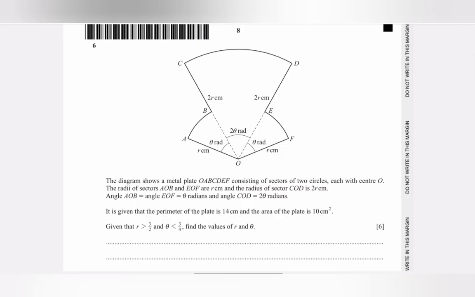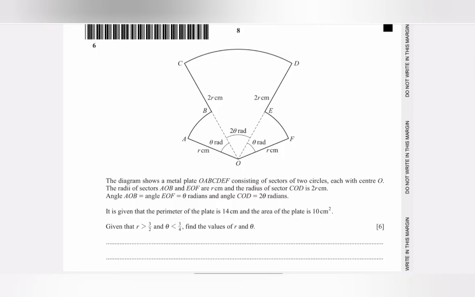Angle AOB is equal to angle EOF, which is equal to theta radians, and angle COD is 2 theta radians. It is given that the perimeter of the plate is 14 centimeters and the area of the plate is 10 square centimeters. So it's given that r is greater than 1.5 and theta is less than 3/4. Find the values of r and theta.